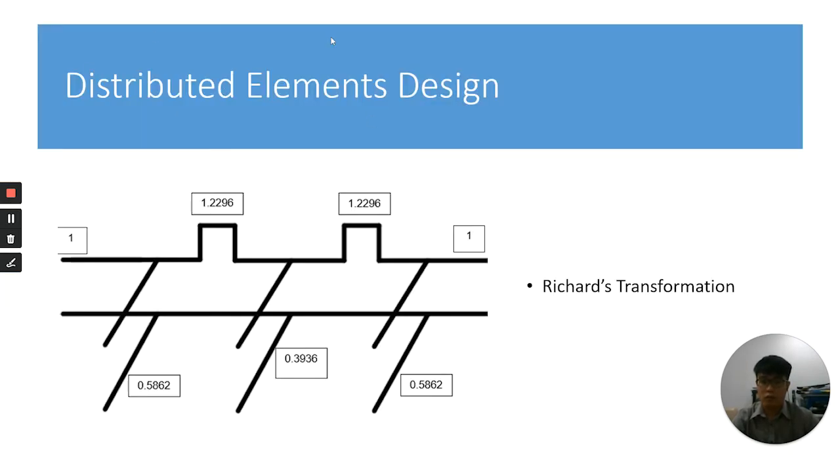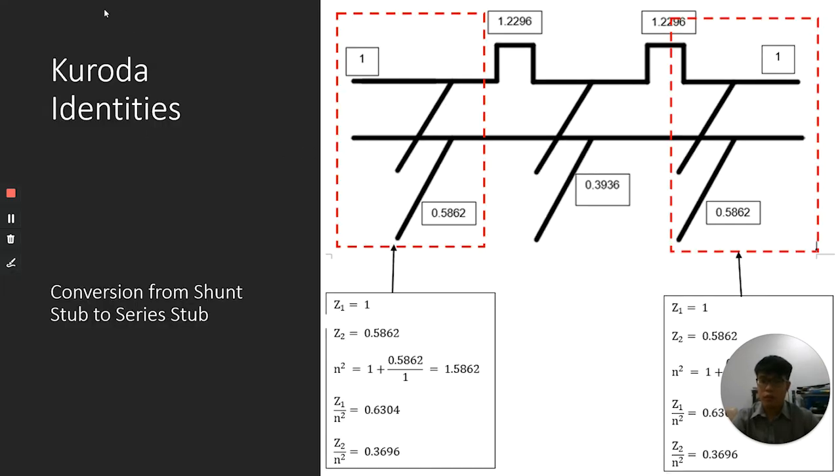After that, the distributed element design has to use the Richards transformation to get the value of 1 over g here, and then we apply the Kuroda identities, which is the conversion from shunt stub to series stub for both sides of this.